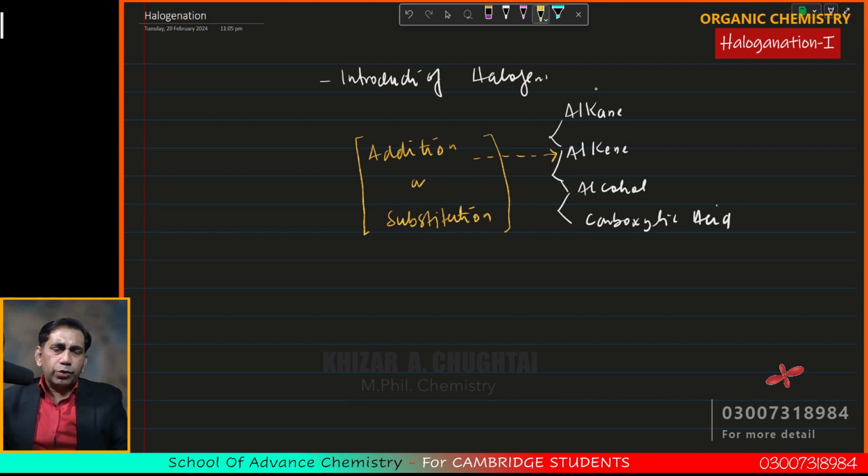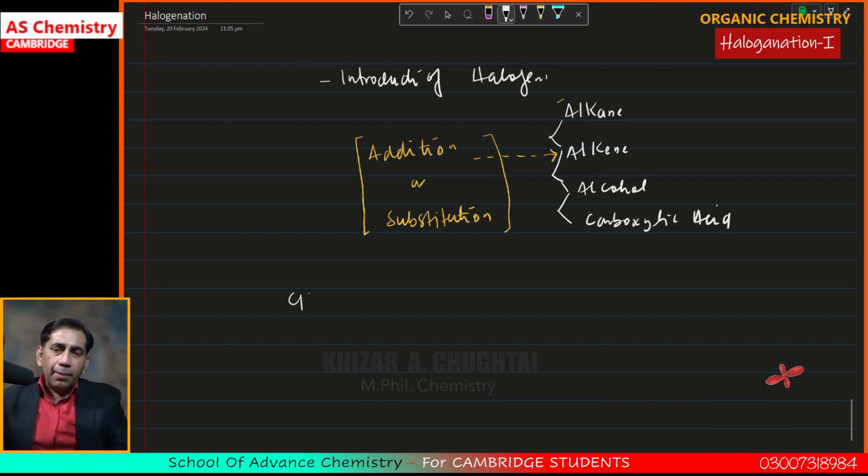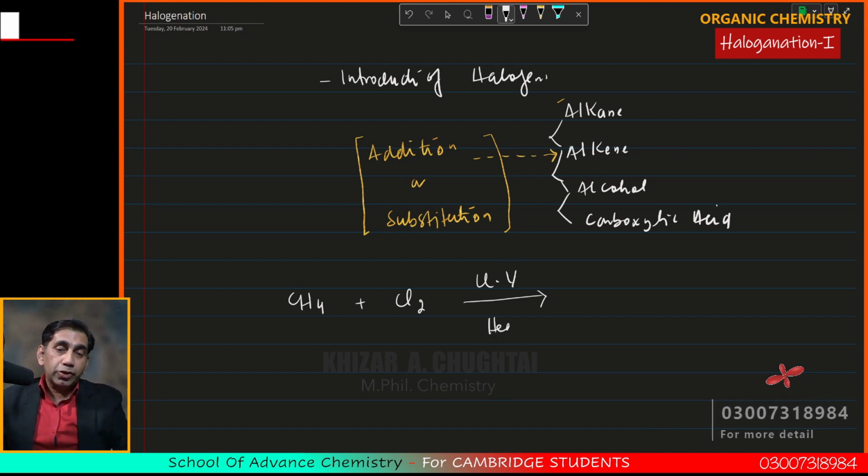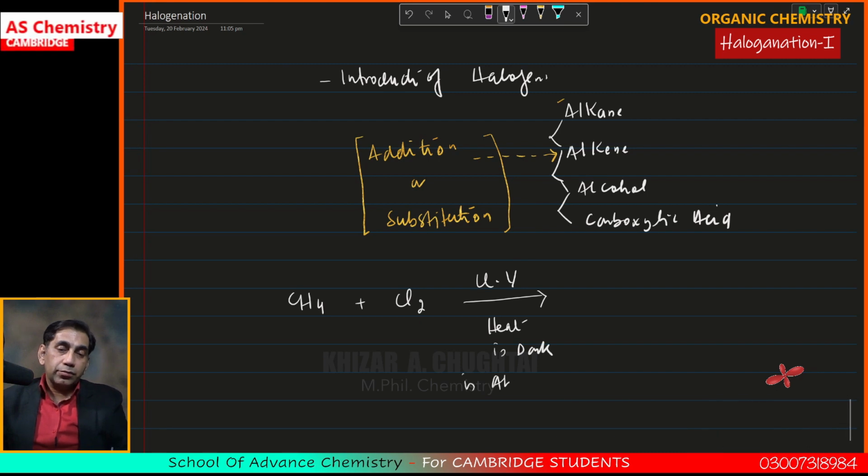First of all, I'm going to start from alkane. For example, I'm having methane. I'm going to mix it with halogen Cl2 in the presence of UV light or sunlight. If you are not having sunlight, then you can heat this mixture in dark, in absence of oxygen.